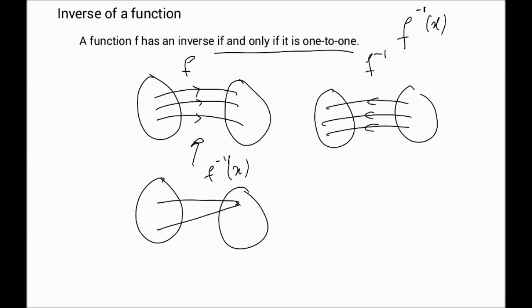It would not be a valid function, of course. So f inverse is not a function in this case. You can't have this. So that's why a function has to be one-to-one for its inverse to exist.